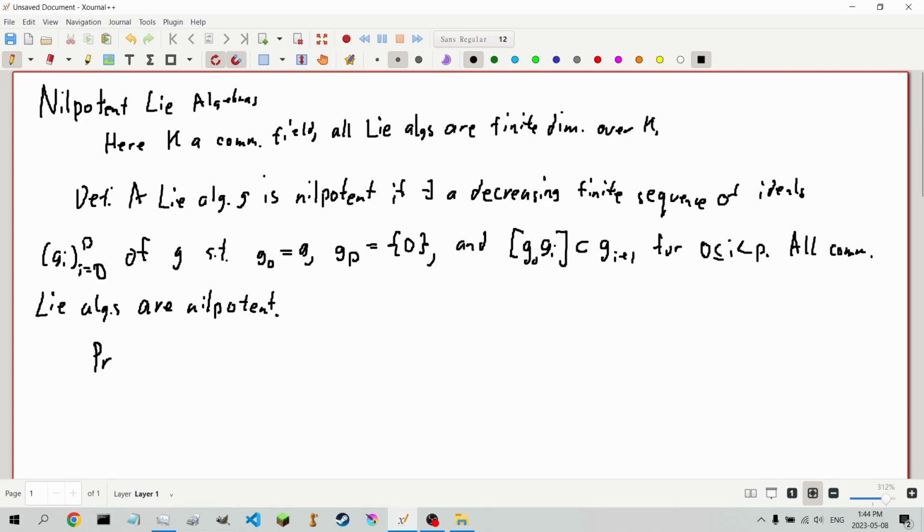Proposition. The following are equivalent.